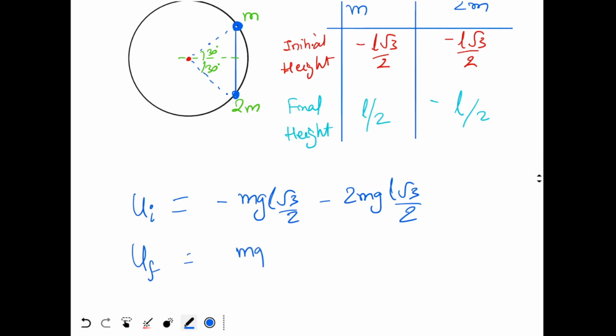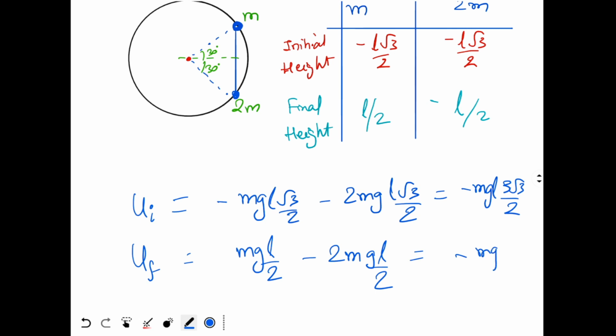For m, mgL by 2, and for 2m, minus 2mgL by 2. Okay, let's simplify them further. This will be equal to minus mgL 3 root 3 by 2, and this is minus mgL by 2.